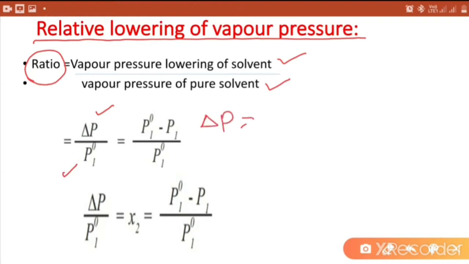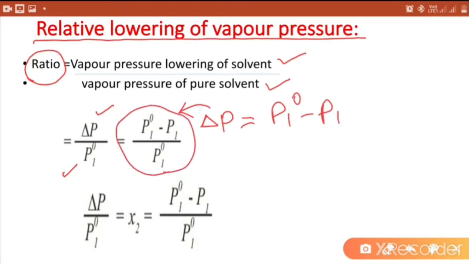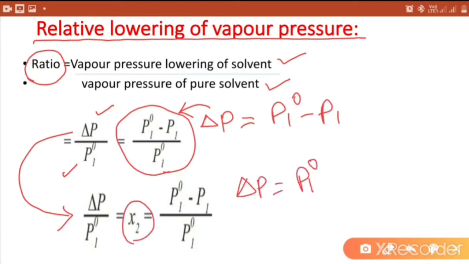By using the equation ΔP is equal to P1⁰ minus P1, and putting the value of ΔP, we get ΔP divided by P1⁰ is equal to x2. This is ΔP is equal to P1⁰ into x2.